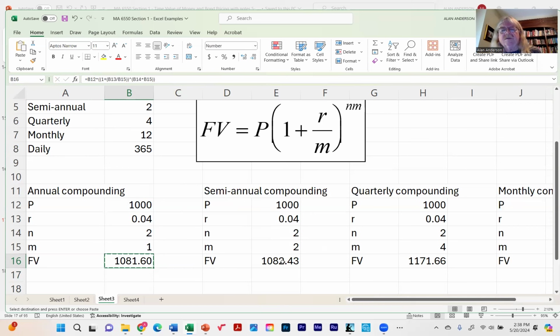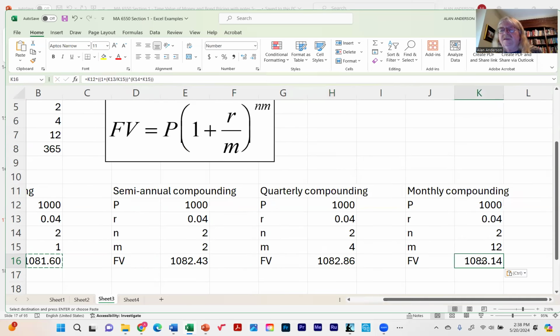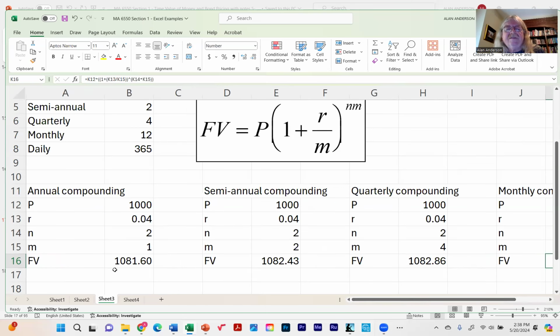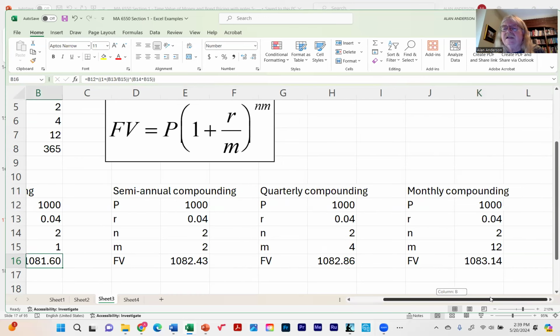Okay, yeah, clearly something was wrong before. Sorry about that. Now, look at what we have. Look at the future value. It went from 1081.60 to 1082.43 to 1082.86, and then 1083.14.